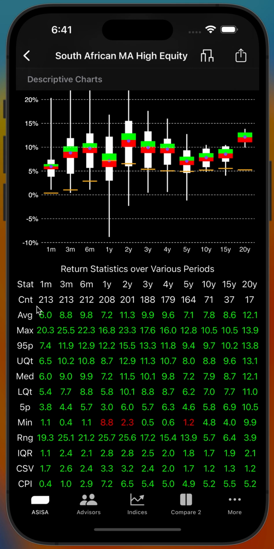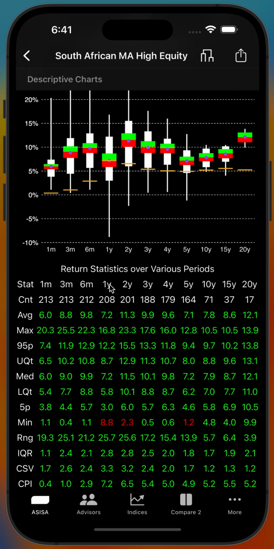So you've got things like the average, the maximum, the 95th percentile, the upper quartile, which would be the 75th percentile, the median, lower quartile, 5th percentile, the minimum, the range, the interquartile range, which is between the 25th and 75th, the cross-sectional volatility of the returns, so over 1 month or over 3 months of all the funds in aggregate, as well as the CPI number.